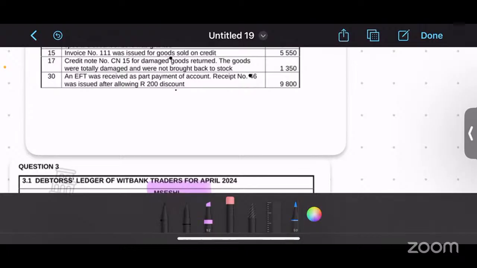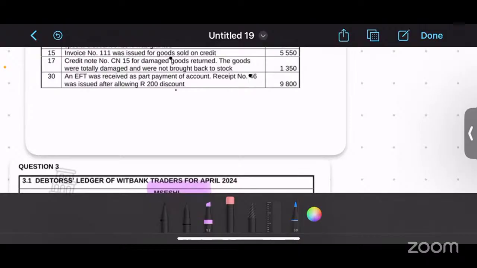So instead of paying 10,000, they now paid 9,800 rand. So you're going to have the receipt number and you're going to credit the exact amount they're paying, which is 9,800. And again, you're going to credit 200 rands because it was a discount allowed. Are we clear?